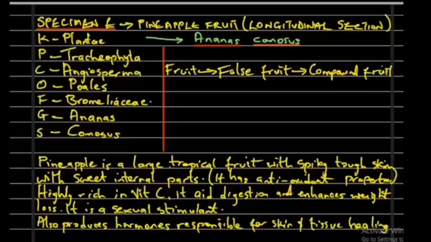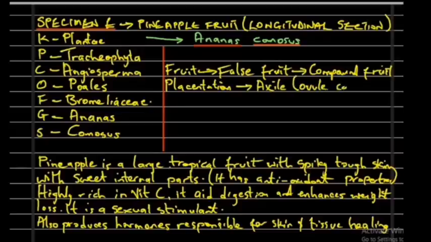This particular crop has a placentation which is axial. That means it has its ovule centrally placed. The ovule is centrally attached, and then we say that this particular crop is propagated by sucker.